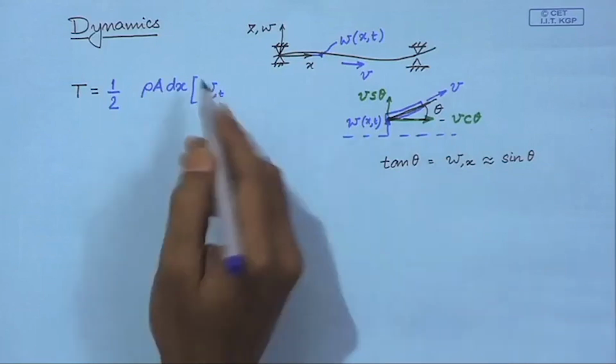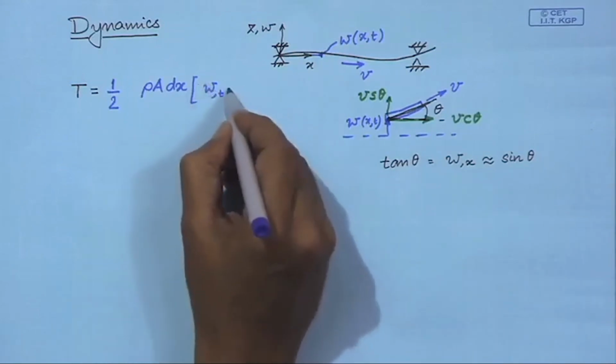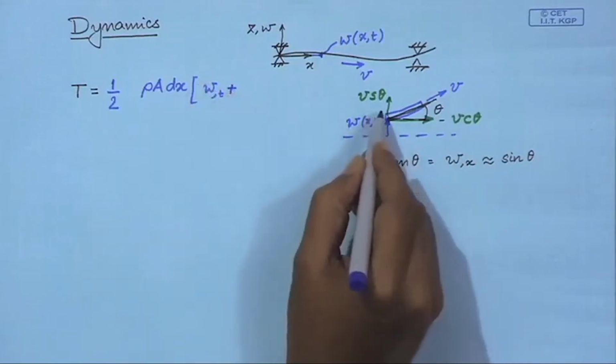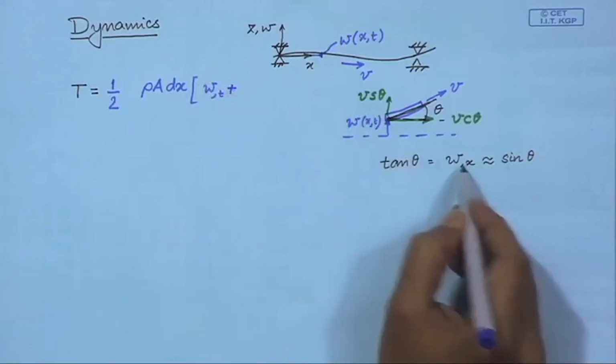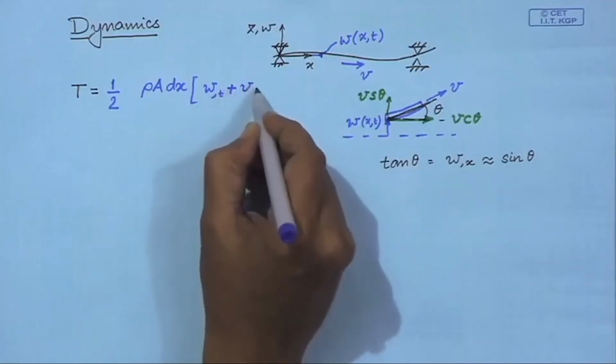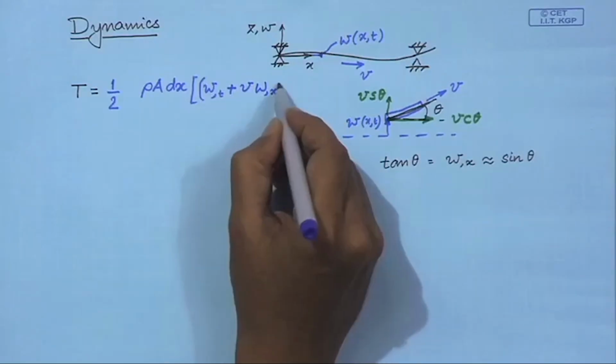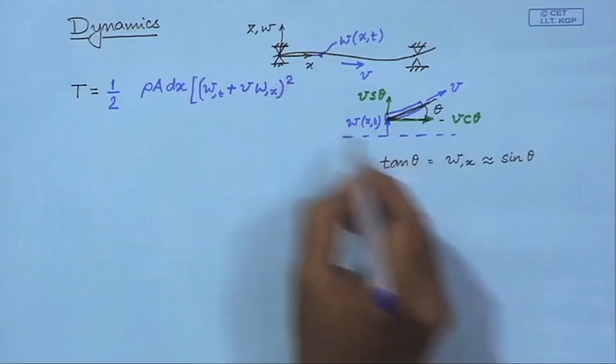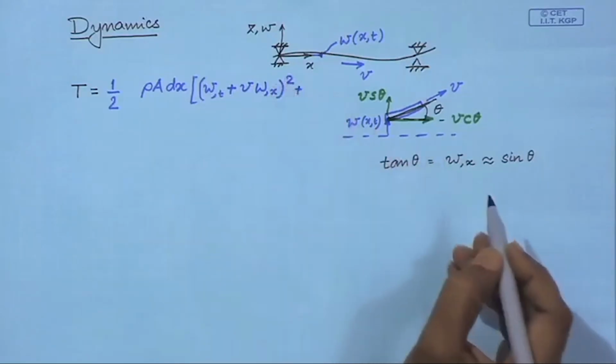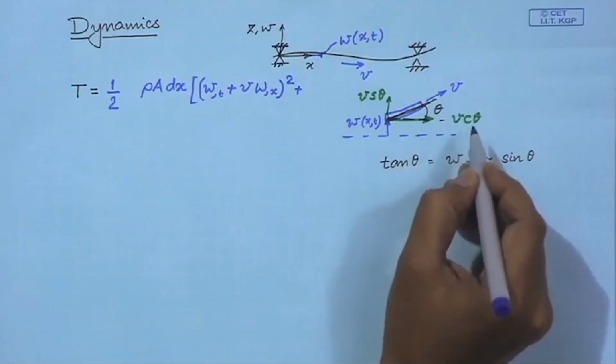So, therefore, del w del t plus v sine theta, now sine theta is del w del x, so this whole squared, plus v cosine theta whole squared.